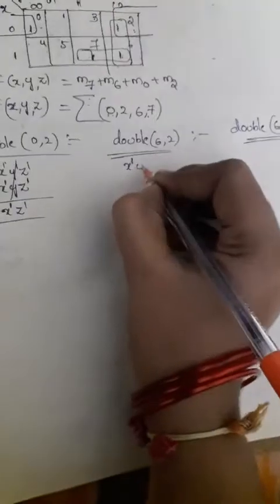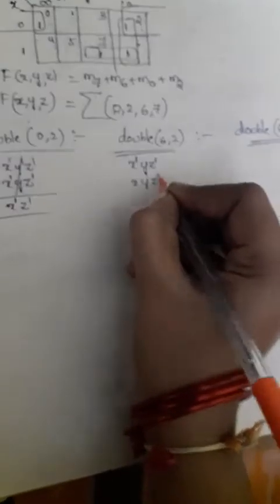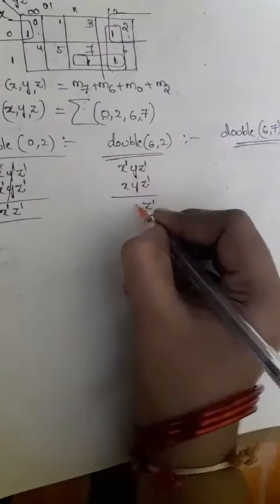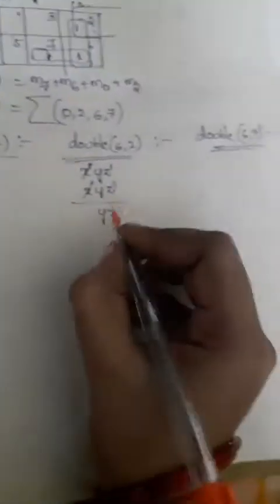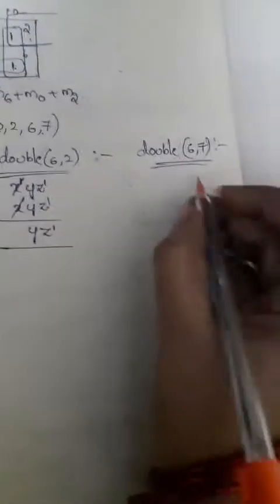Now we'll go for the second double, 2 and 6. For 2 we get 010, so x complement, y, z complement, and for 6, 110, so x, y, z complement. So z complement stays as it is, y also stays as it is, and x and x complement both change, so it is neglected. We get the prime implicant result y z complement.